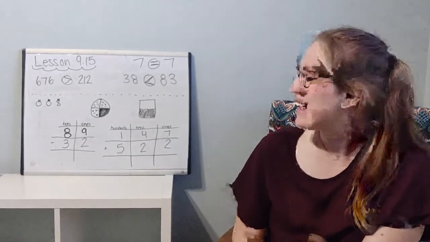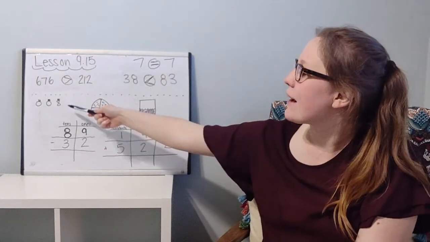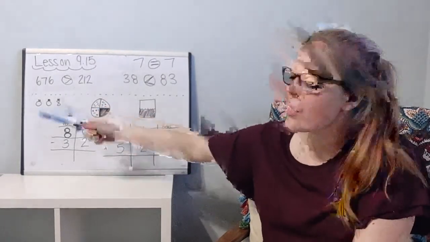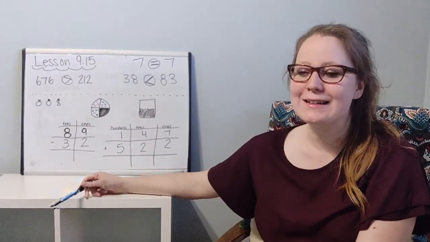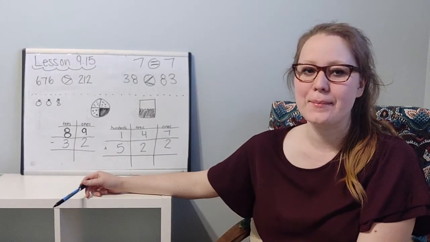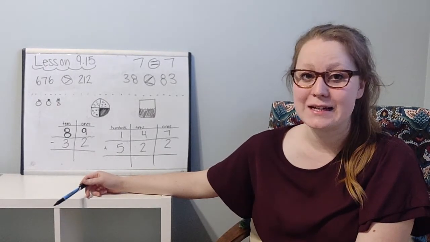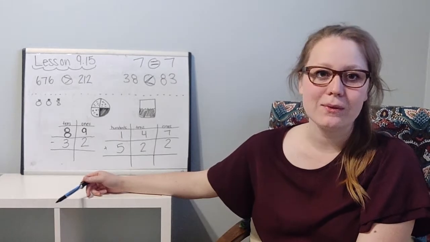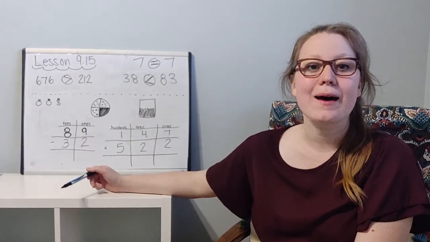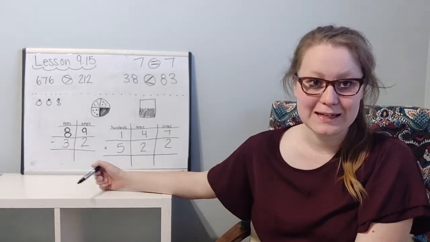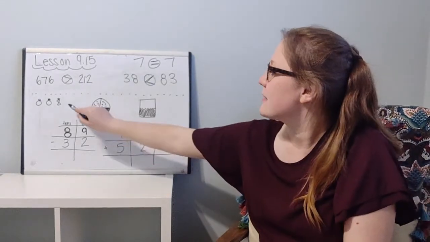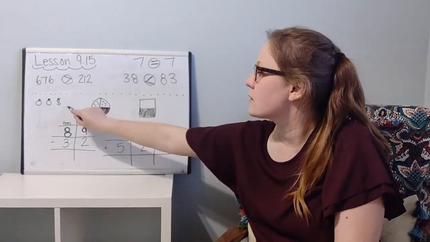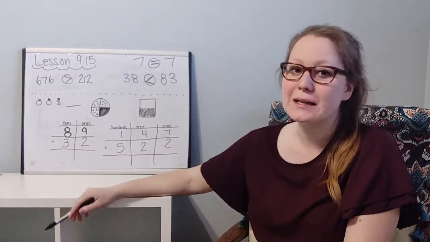Okay, so I have a group of apples here. What I want to decide is how many of the apples have been eaten, or what is the fraction we would write for the amount of apples that have been eaten. What we could do first is our denominator. It's a really big word, but it means the bottom number.